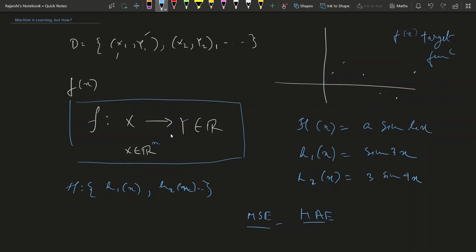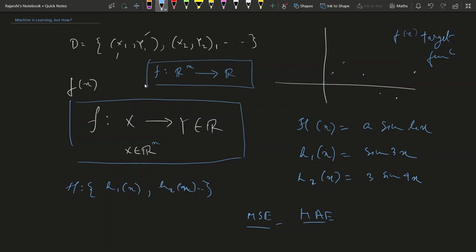You might have n real numbers as an input vector, or a vector of length n, and that maps to a single scalar value on a real number line. So basically, you have a function f that maps from R^n to R. So this is a typical machine learning relationship.